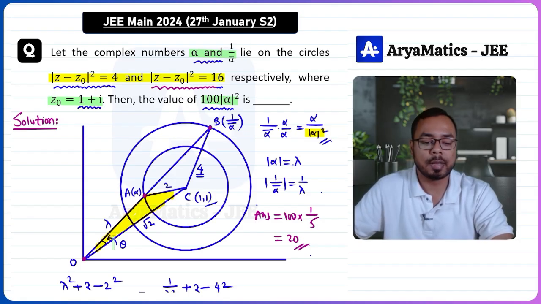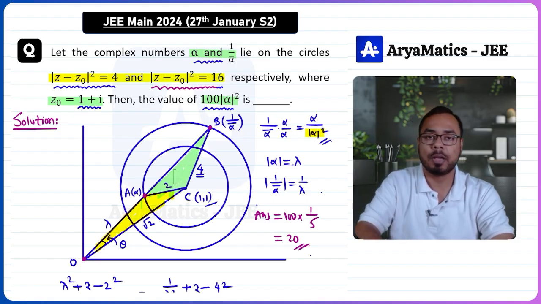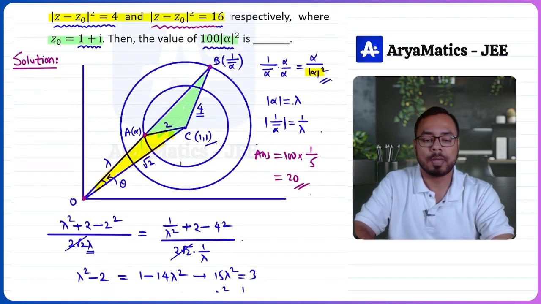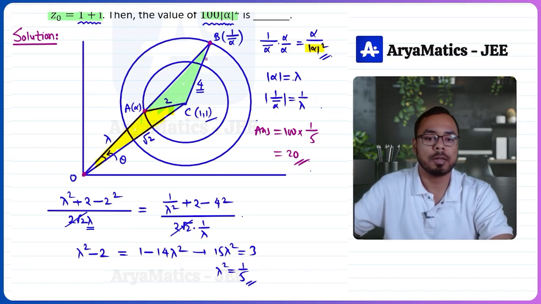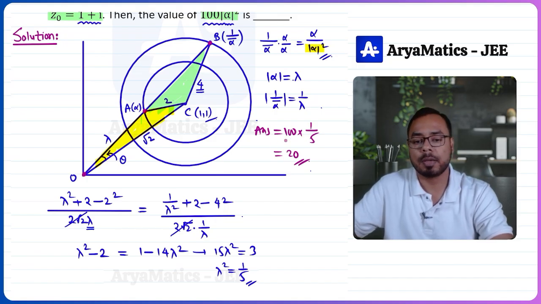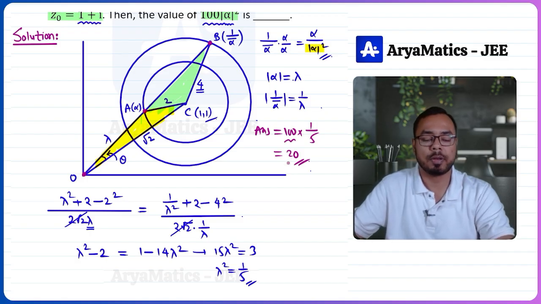The other is triangle OBC. Find cos theta in this triangle, and by equating those two we can get the value of lambda square. Once we get lambda square, 100 into alpha square will be 100 into 1 by 5, that is 20. That is the correct answer for this problem.